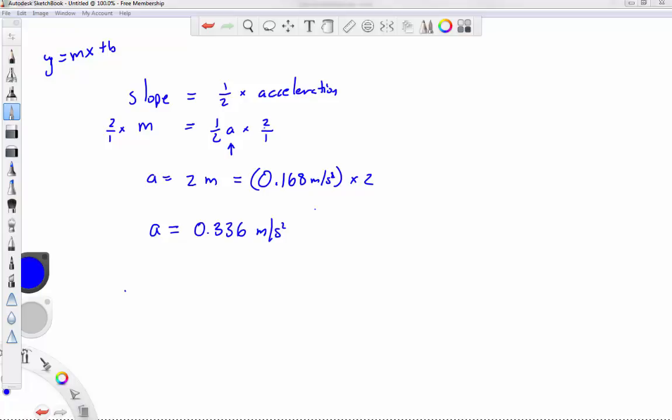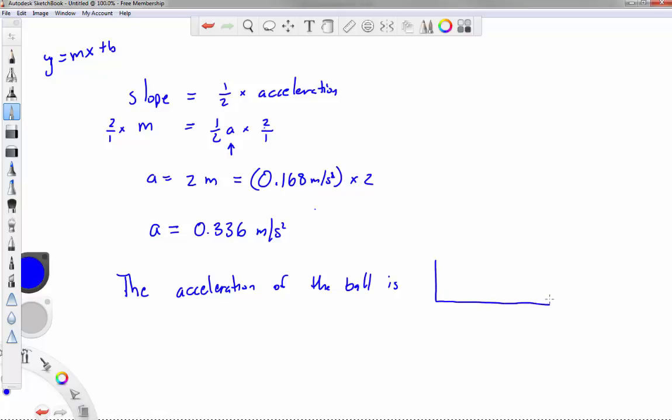Okay, now as a hint on how this answer should actually be entered, think of the answer box you're given on the quiz to put something in. Think of this as saying the acceleration of the ball is, and then here's your answer box, in MKS units, which we figured out was meters per second squared.